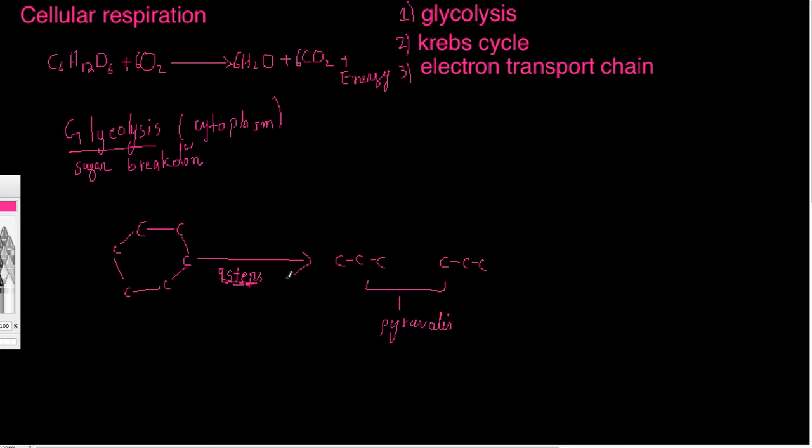And as we gain pyruvates, as I said, this whole process helps in making energy. So two ADPs plus a phosphate group go into the process, and they come out as ATP, and you get two of these.